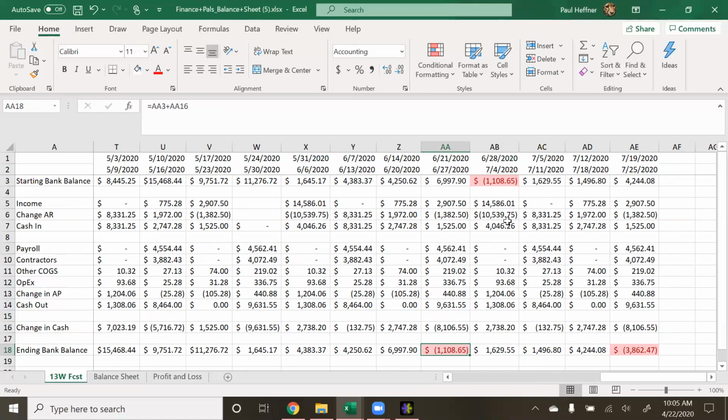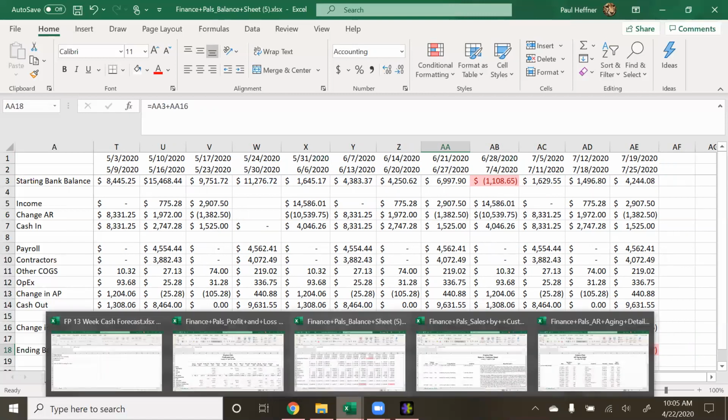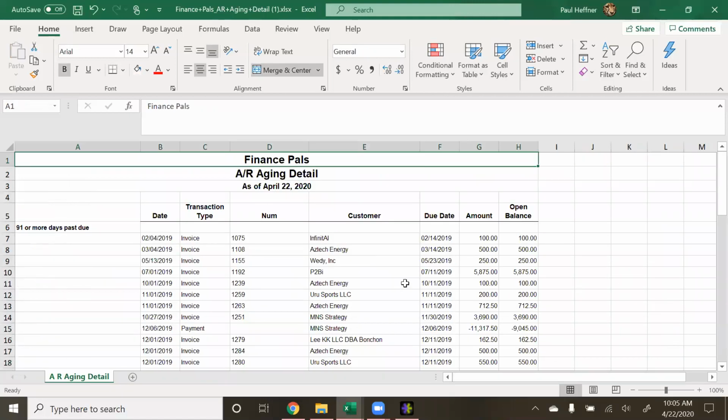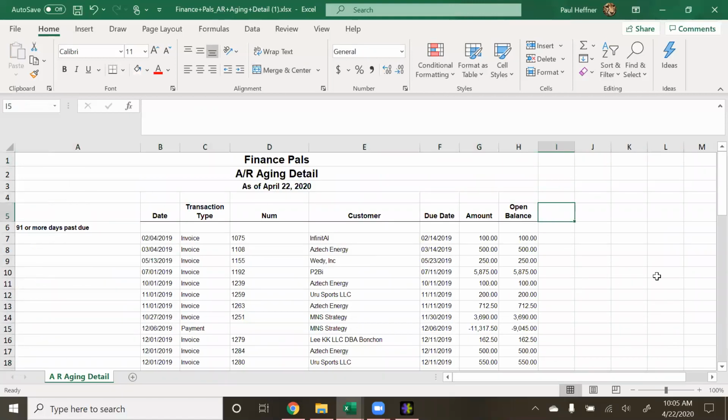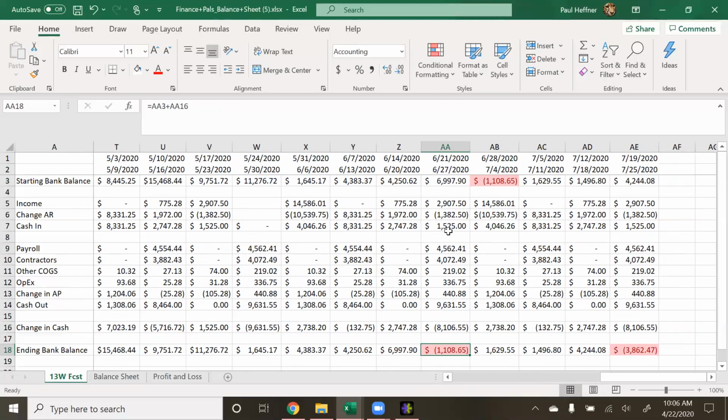Okay, so let's go through the other two things that we can do to update our forecast. The first thing is the AR. We can plug it in here and do different things, but let's look at our AR. We were saying earlier, we're going to use this for our AR.